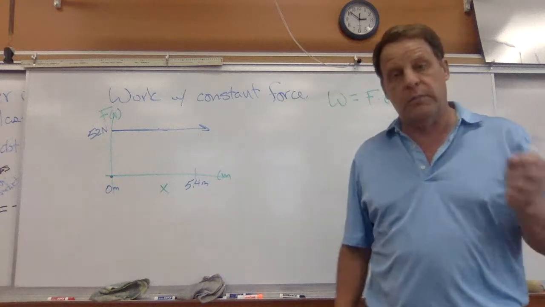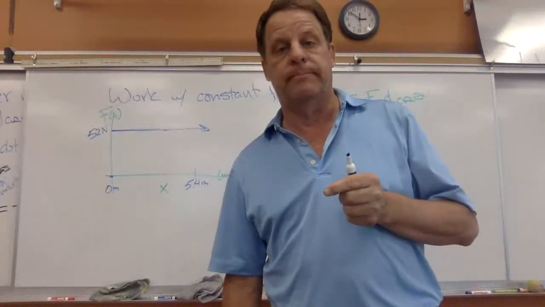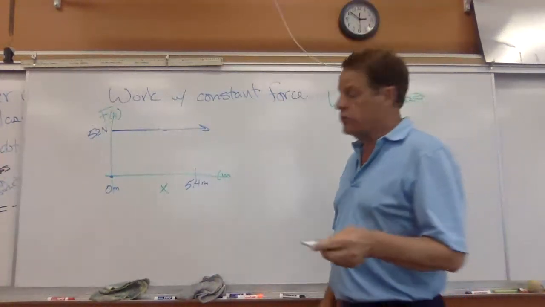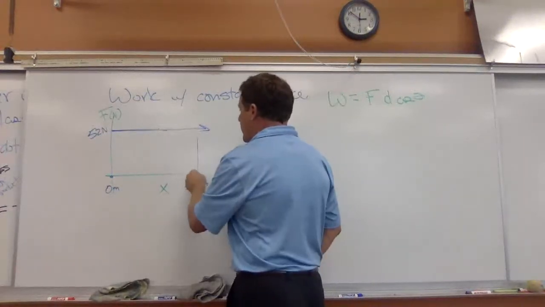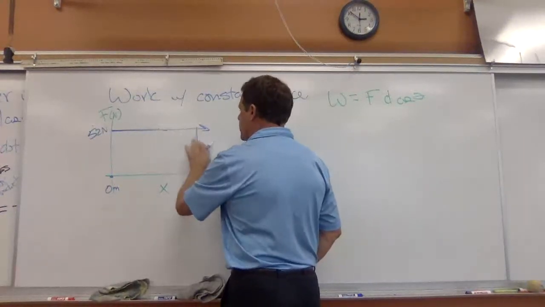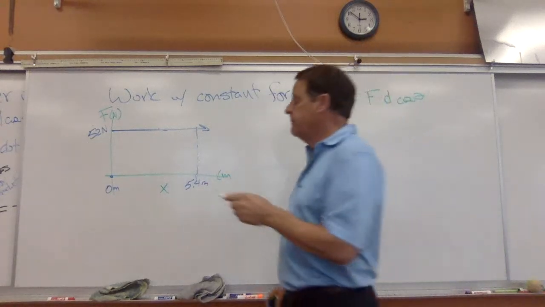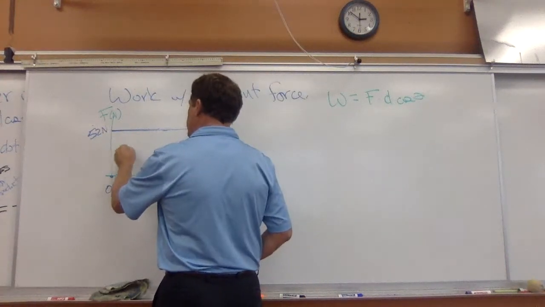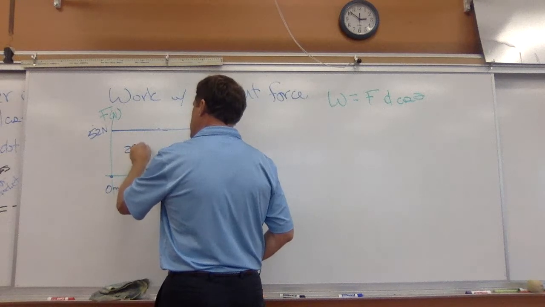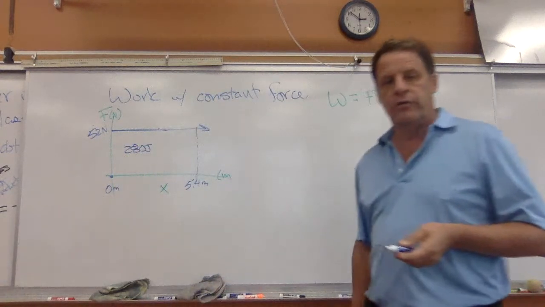That is the same displacement that was in those questions of the day. And when you calculated the overall work done, it was equal to 280 joules, rounded, of course.